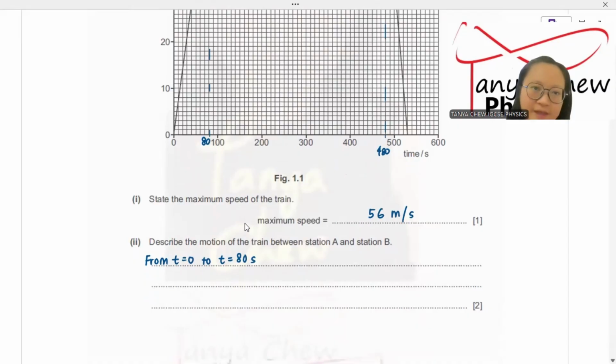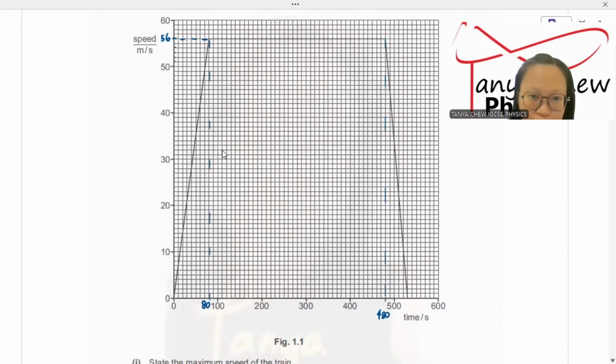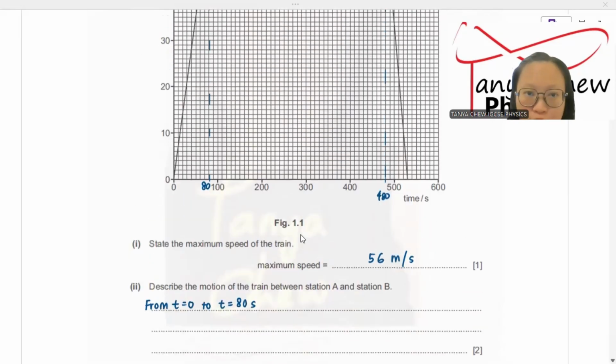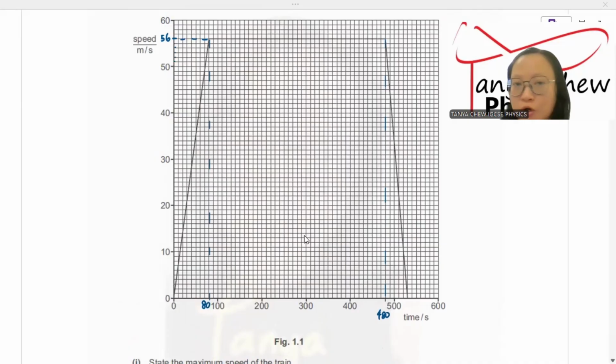You could see that this graph is a straight line graph, right? Because the question asks us to talk about the motion, you can talk about the velocity, the speed, or even the acceleration of the train. So I can see that from the straight line graph, the speed increases linearly.